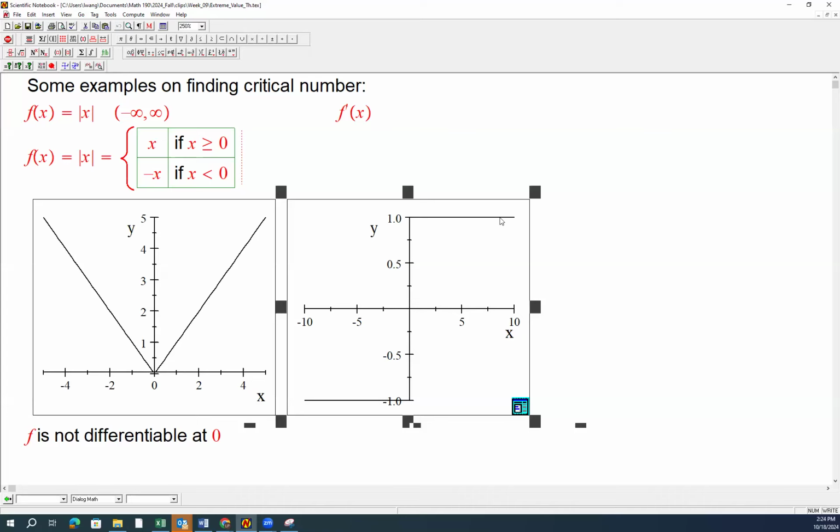So that's a constant 1. If we take a derivative of y equals negative x, the derivative is negative 1.